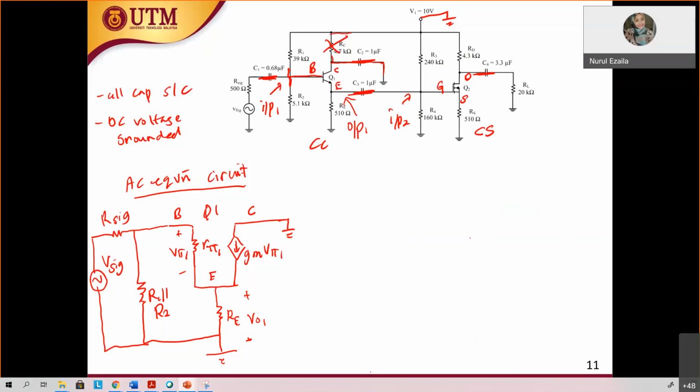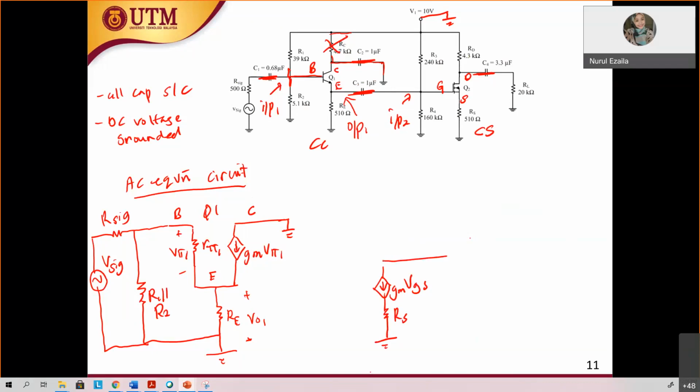For common source, you have gm vgs, and also this one, you have gm vgs, and also you have RS. So this is what it looks like.